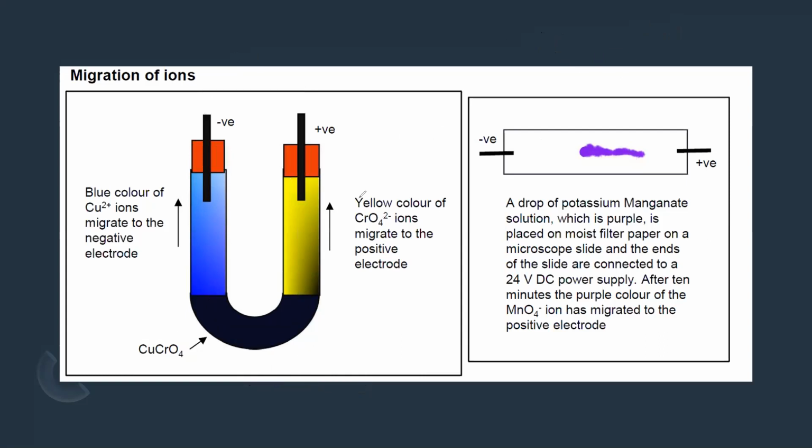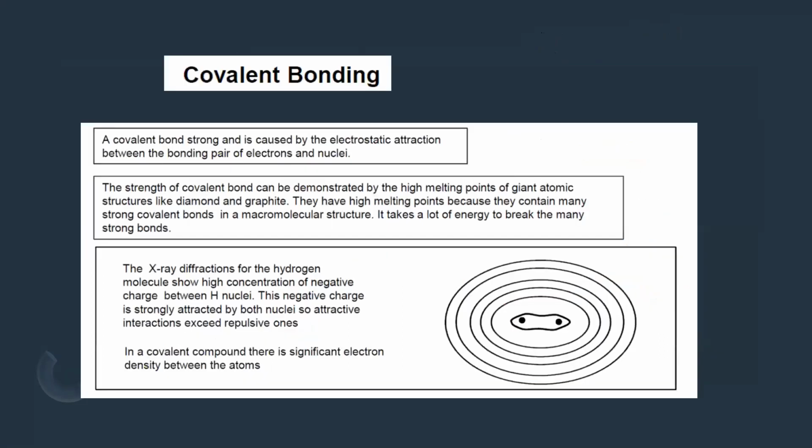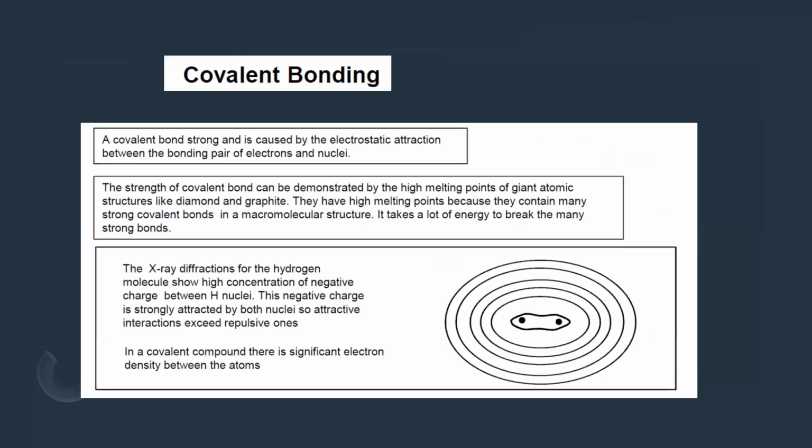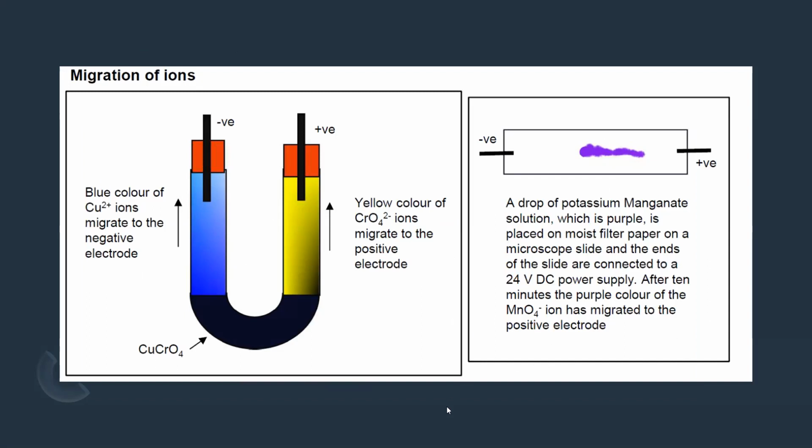So the movement of the ions is observable, and we can say that the ions are moving and they are responsible for this movement or appearance of the color. Now we'll do some questions related to this topic so that it will improve your understanding.